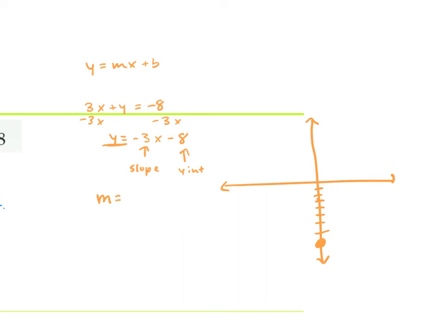Now our slope is negative 3, which is technically negative 3 over 1. So we're going to go down 3 and to the right 1, and we put a point there. So I just took our slope and found our second point.